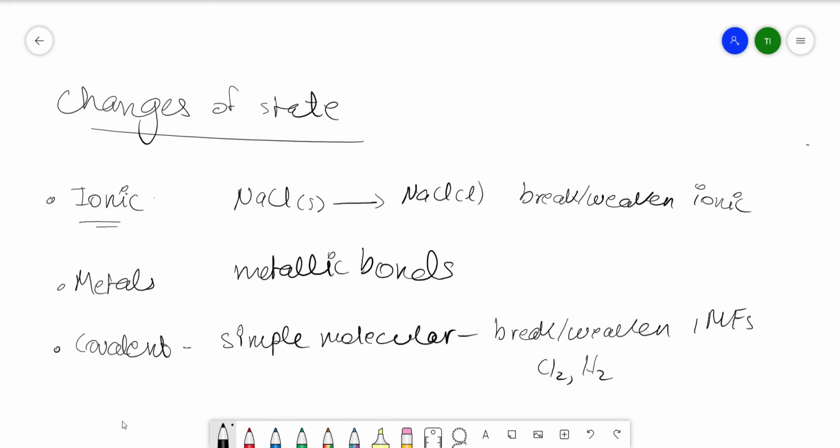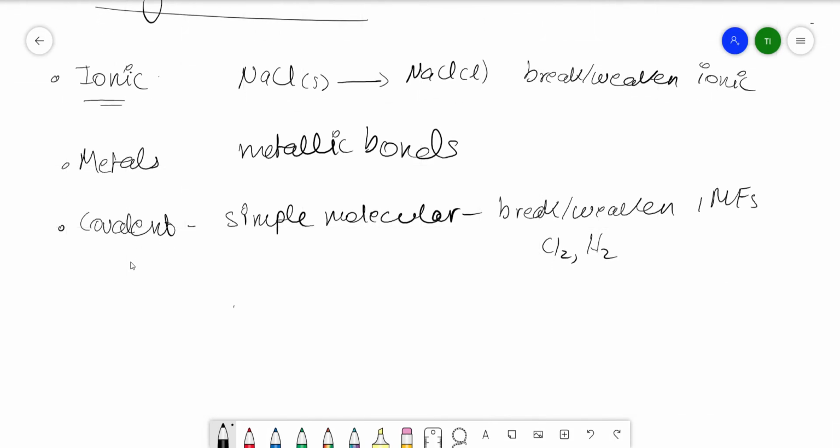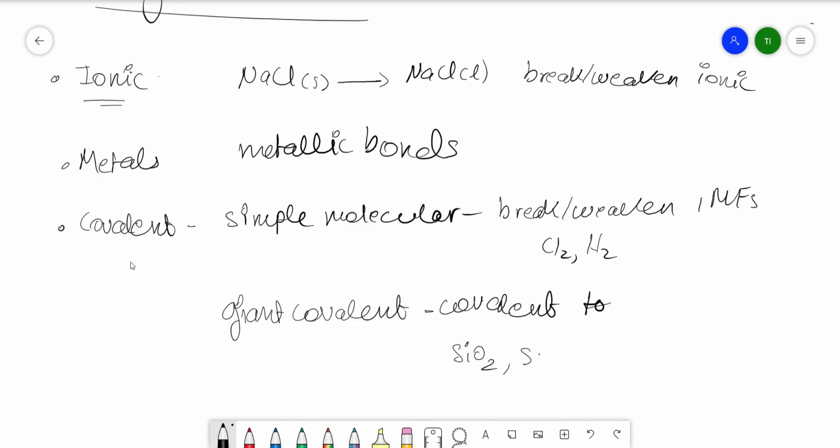But for giant covalent, you have to break the covalent bonds to cause the change in state. For example SiO2, Si, or diamond.